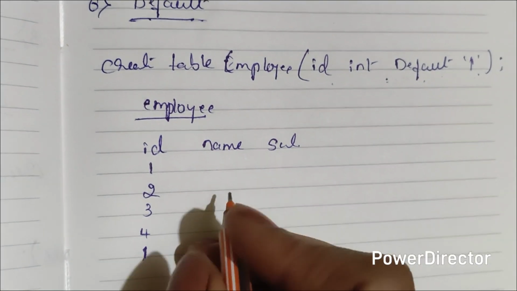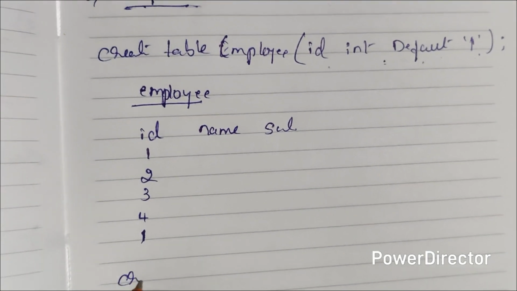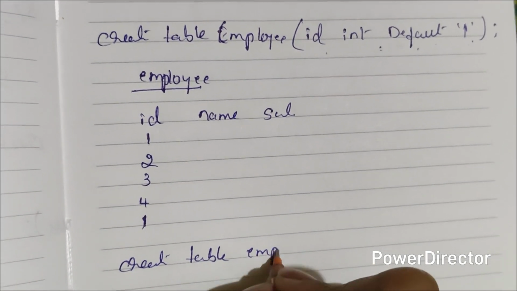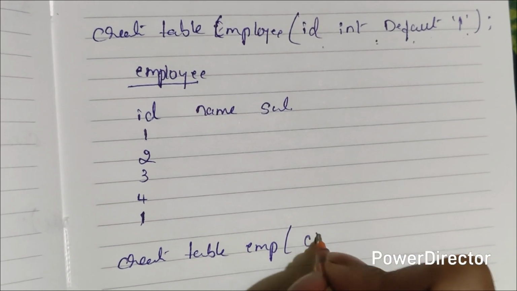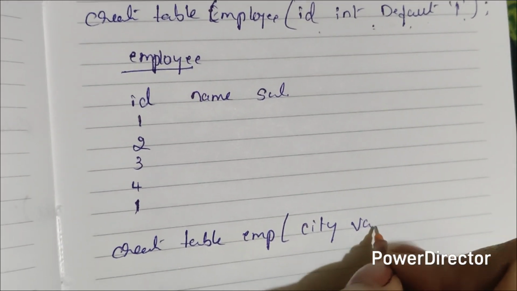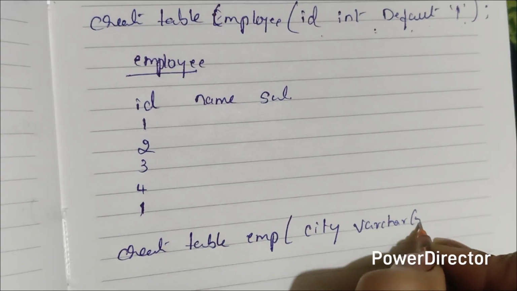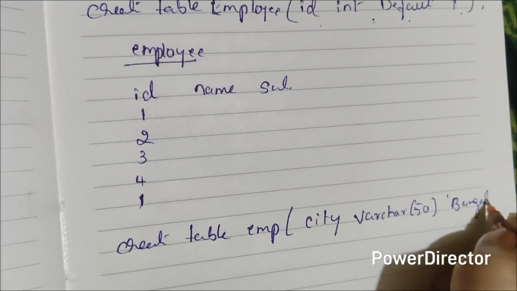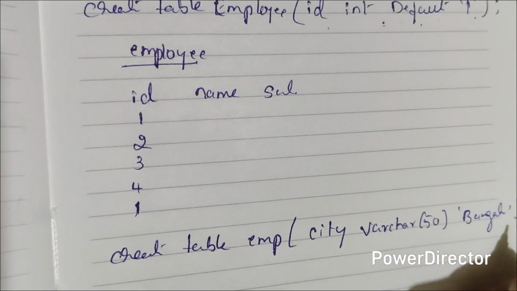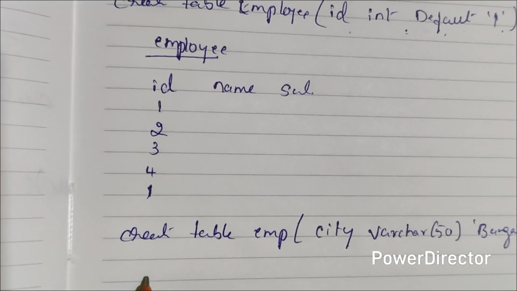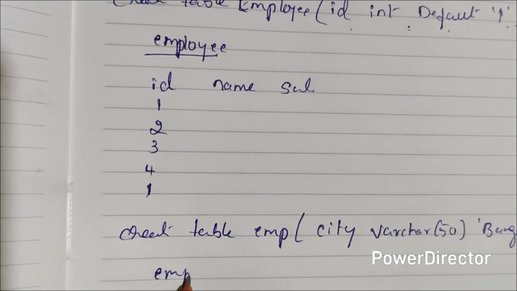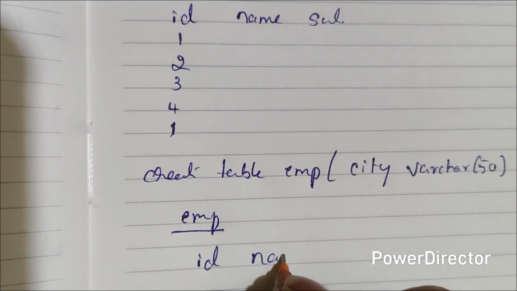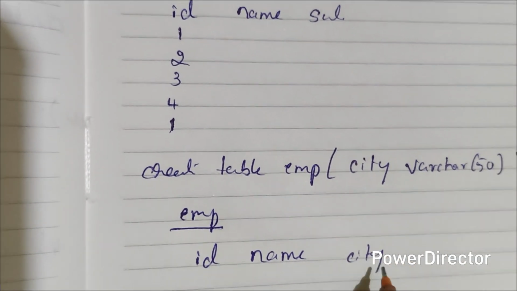So I'll be going to give one more example, that create table employee. Where city is a variable character of 50, make this as Bangalore. Okay, so that means in the employee table, if this is the case, ID, name, and city.